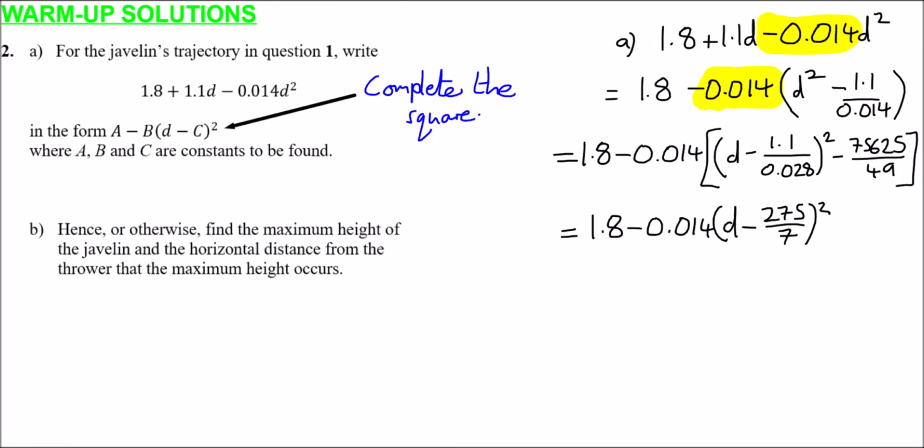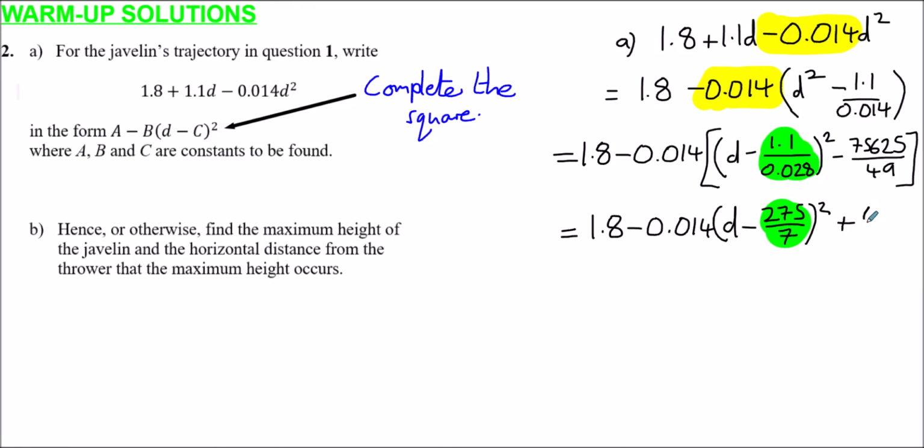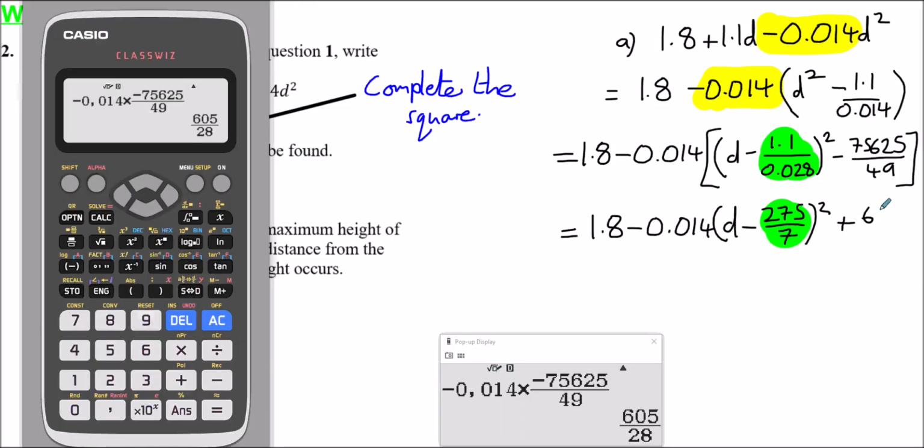So all I'm doing here is I'm rewriting this 1.1 over 0.028 in this form, and then if I were to do minus 0.014 times minus 75625 over 49, let's see what that gives me. So minus 0.014 multiplied by minus 75625 over 49, I get 605 over 28, which is this awful looking number here, which I'll come to in a moment. Plus 605 over 28.